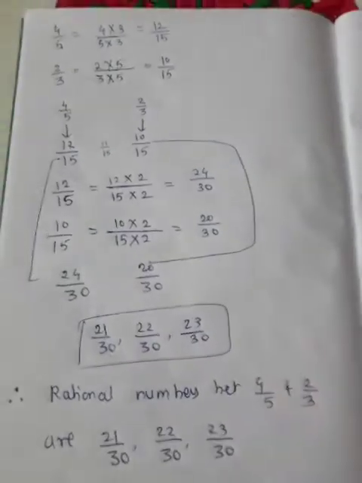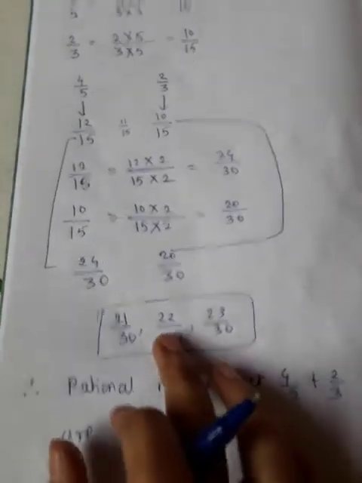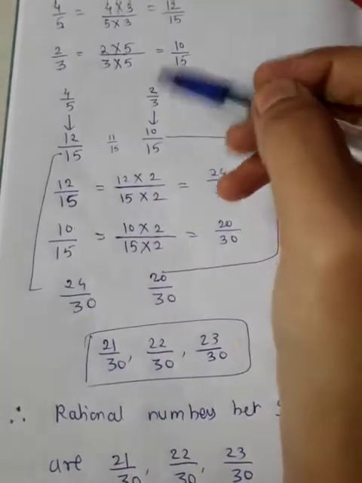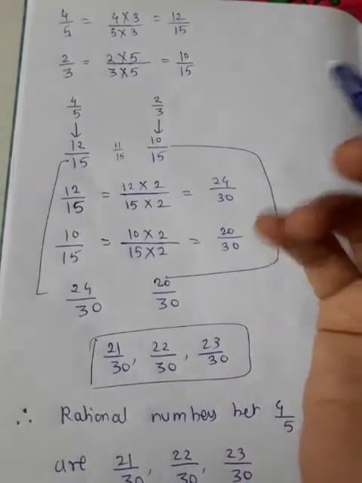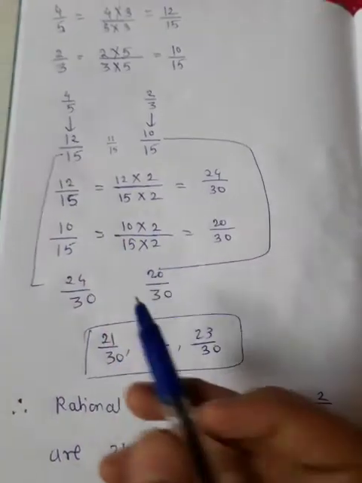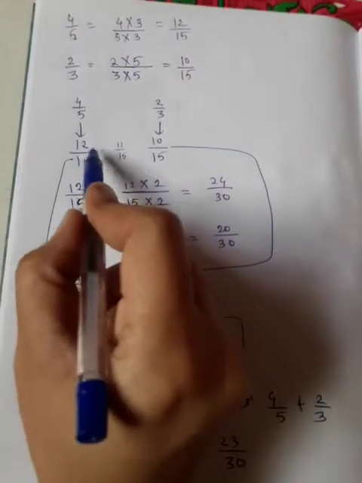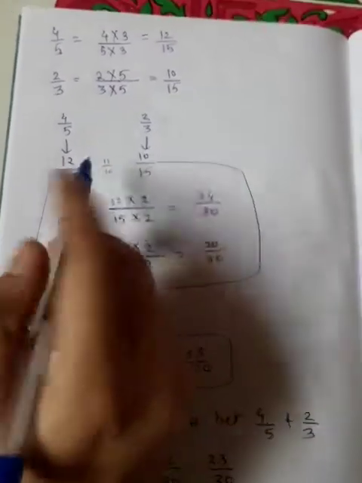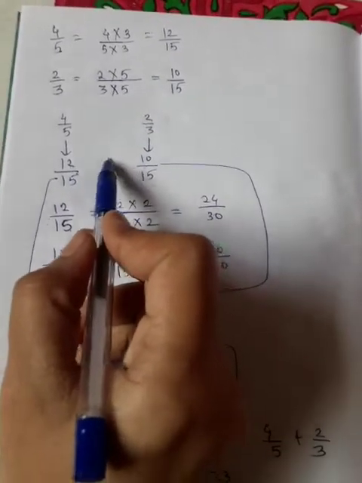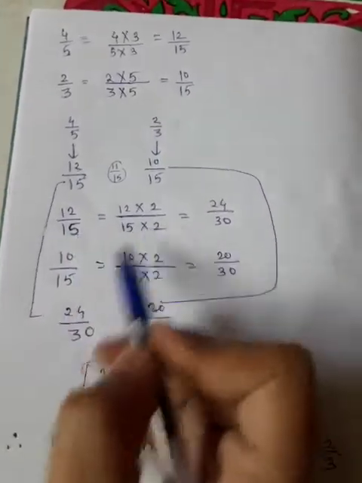Here we were asked to find 3. To find more rational numbers you can increase the denominator. Here we got only one rational number between these two, but we need 3. So for that you can increase the denominators.